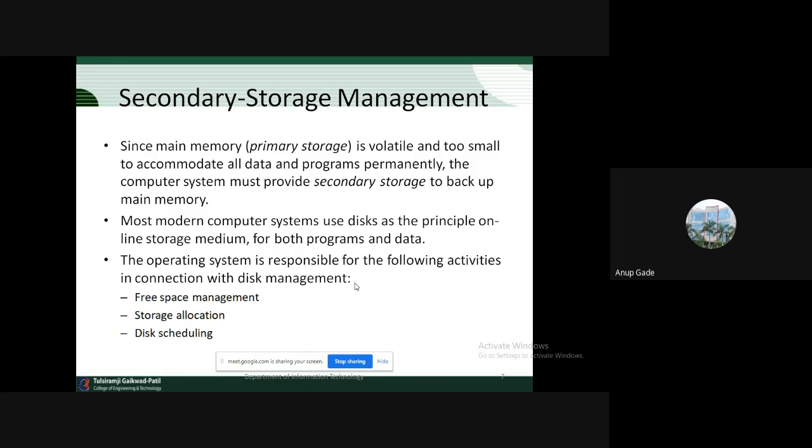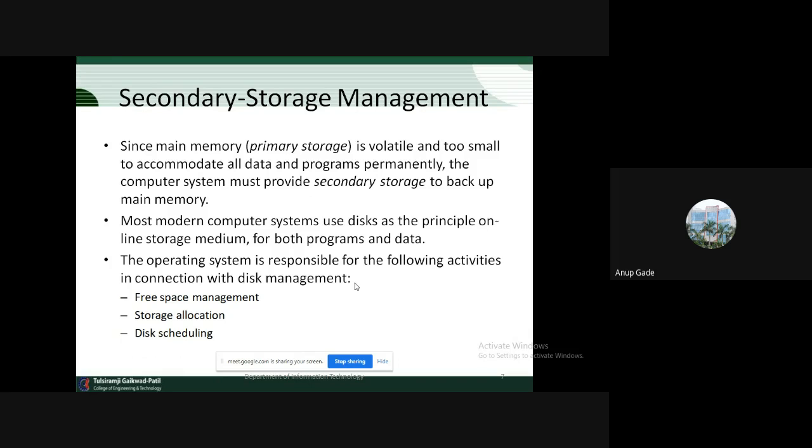Modern computer systems use a disk as the principal online storage medium for both programs and data. These secondary storage devices have capacities up to 1 TB and even more nowadays. The operating system is responsible for the following activities in association with disk management: free space management, storage allocation, and a very important one, disk scheduling algorithms.